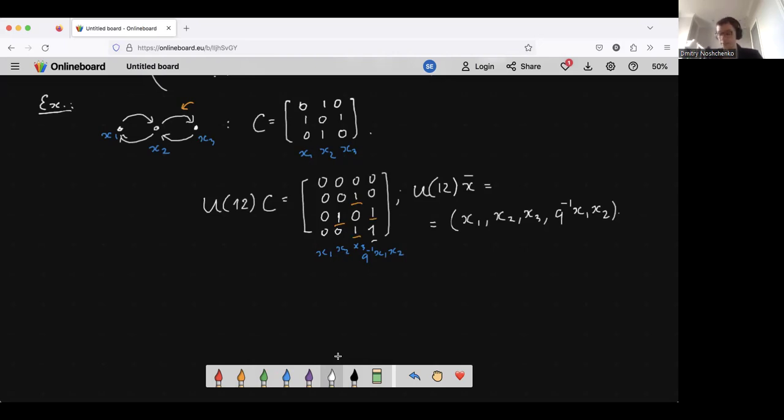Maybe let's compute the next iteration as an example. So let's compute u23 combined with u12. In this notation, we first apply u12, so we get this guy, and then we hit it by u23. So the resulting matrix is as follows.